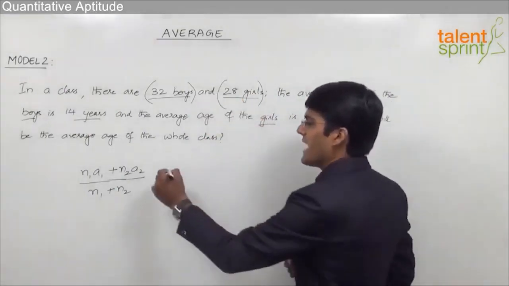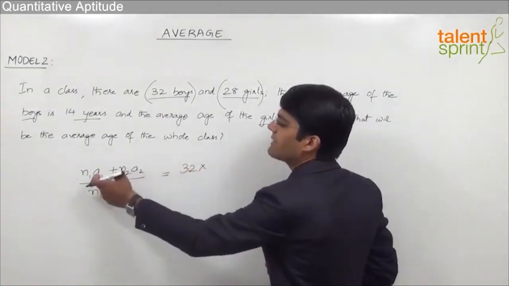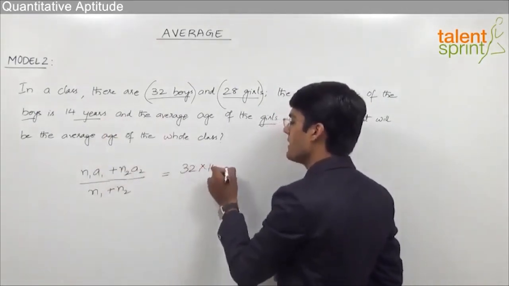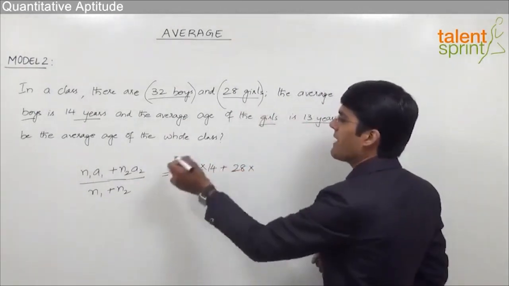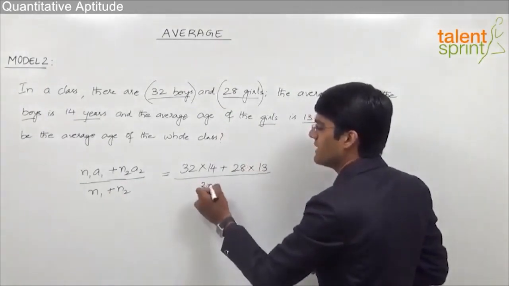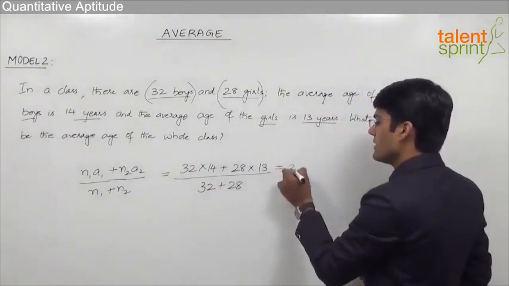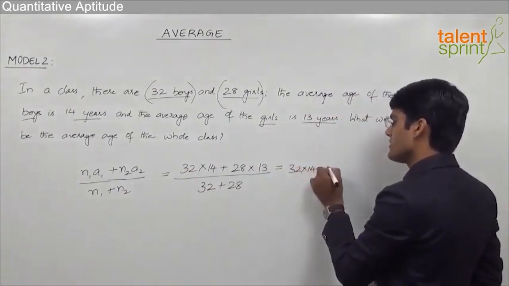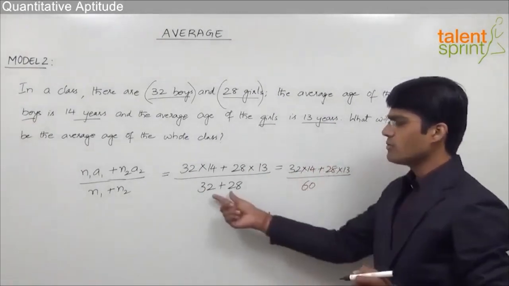So that can be taken as the number of people in the first group, that is 32, into the average, that is 14 years, plus the number of persons in the second group, 28, into the average 13, divided by n1 plus n2, that is 32 plus 28, which is equal to 32 into 14 plus 28 into 13 divided by 60, that is 32 plus 28.